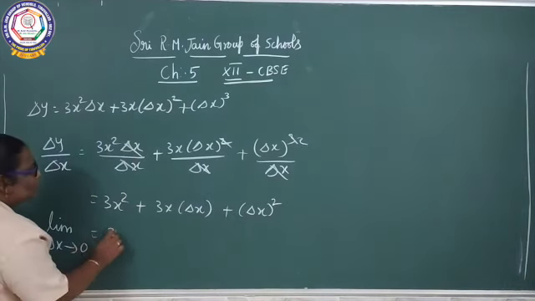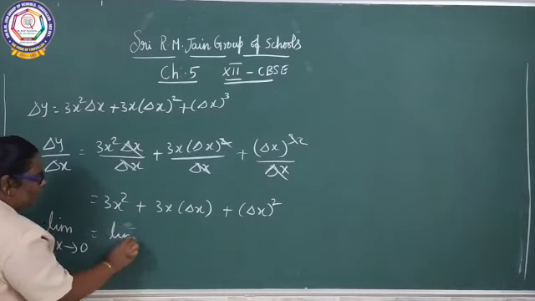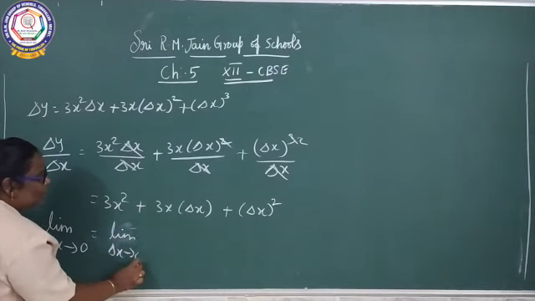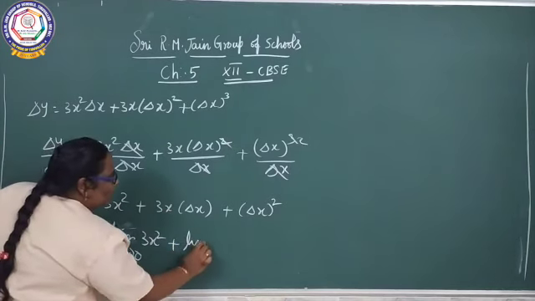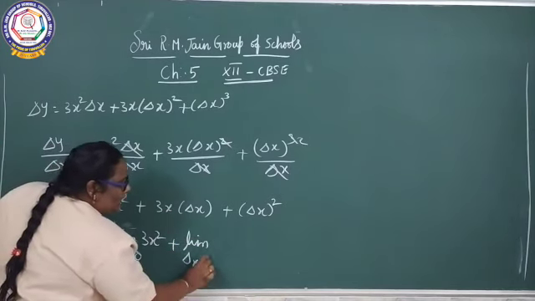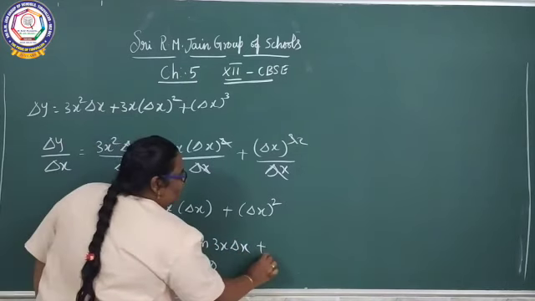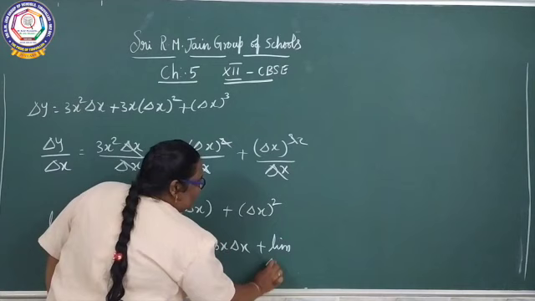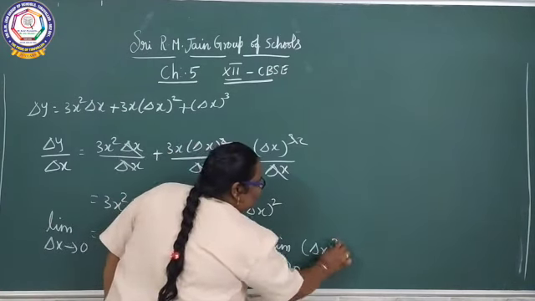See here, it gives 3 limit delta x tends to 0 of 3x square, plus limit delta x tends to 0 of 3x delta x, plus limit delta x tends to 0 of delta x the whole square.